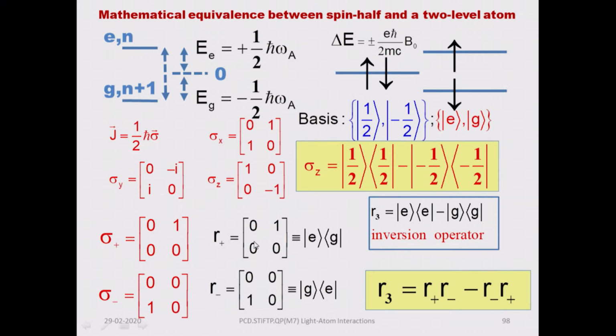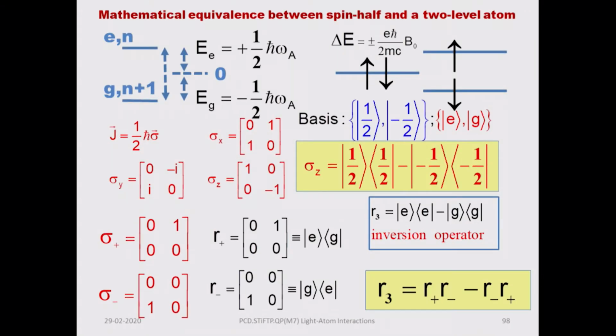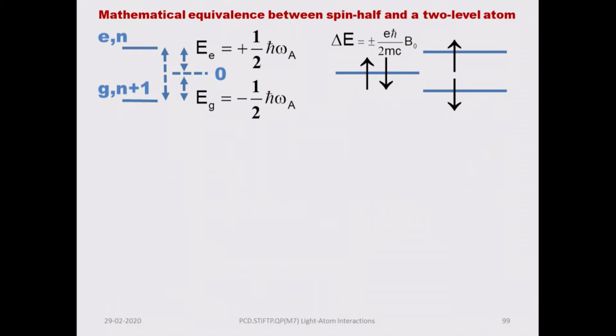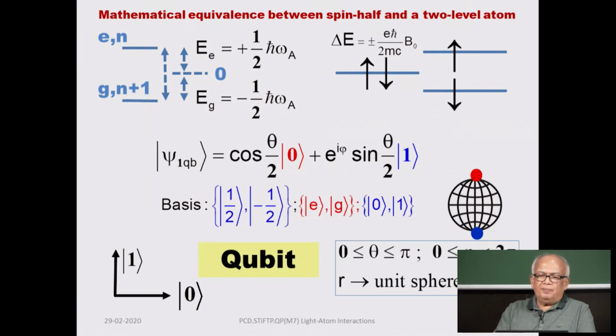The matrix representation is exactly the same, although you are not referring to the spin system, you are referring to the two-level atomic system, but it is exactly the same mathematics, and you see that there is a one-to-one correspondence between these operators. So, this is what you have got.